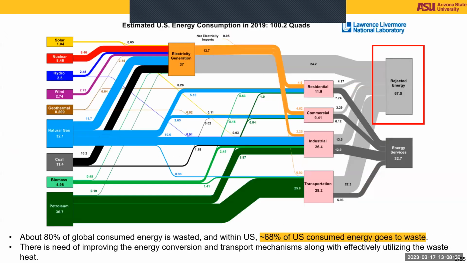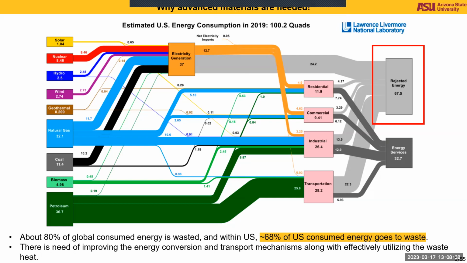So coming back to my thesis topic, why do we need advanced materials in the first place? If you look at the US energy consumption in 2019, on the left side, we can see what fraction of the total energy is generated by various sectors. And on the right side, we can see how much of the total energy is consumed by different sectors.